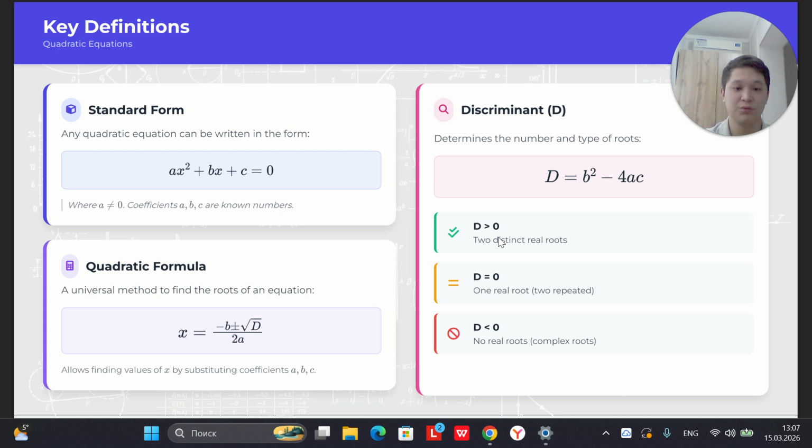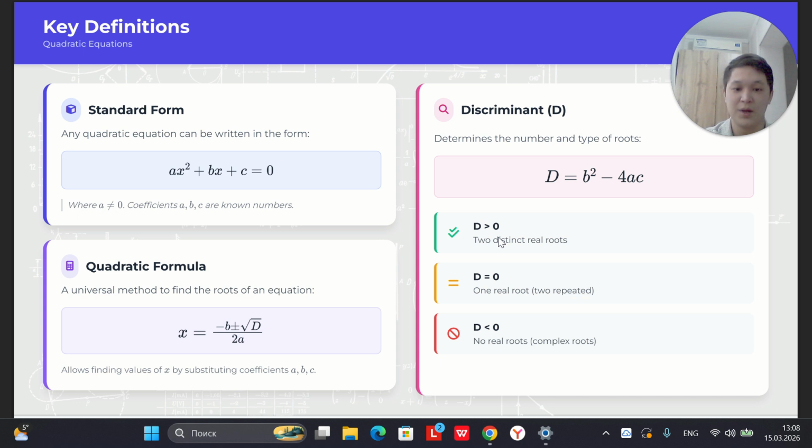If D is equal to 0, there is exactly one root, which means two repeated roots, for example 1 and 1. If D is less than 0, the equation has no real roots, meaning the roots are complex.